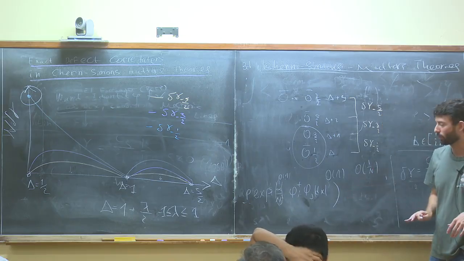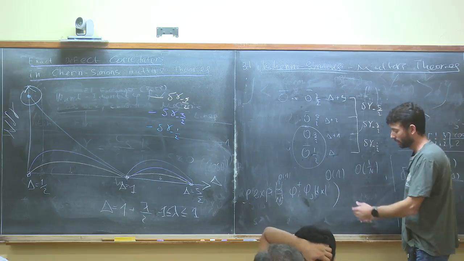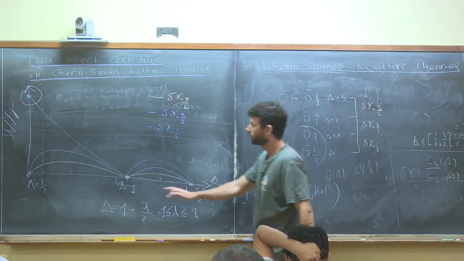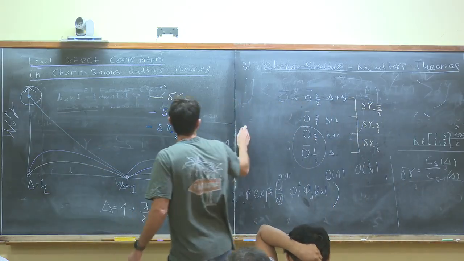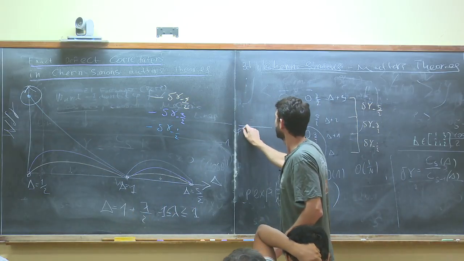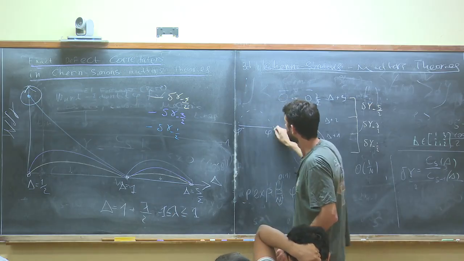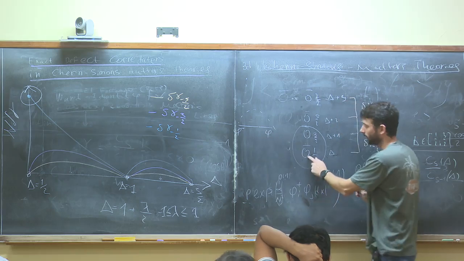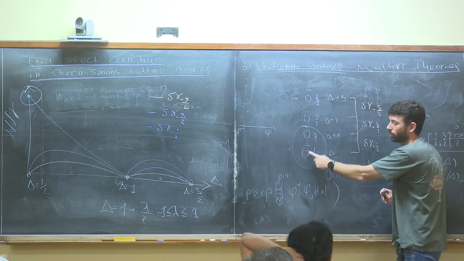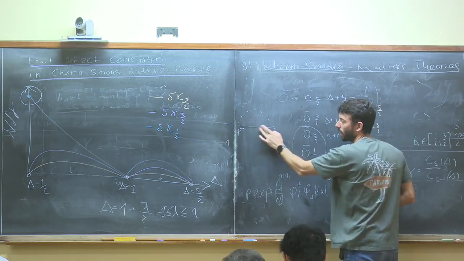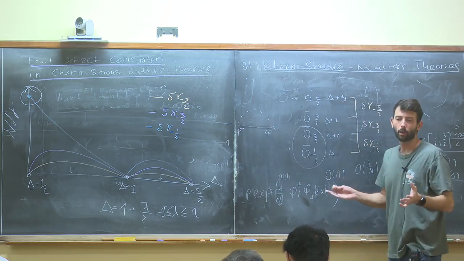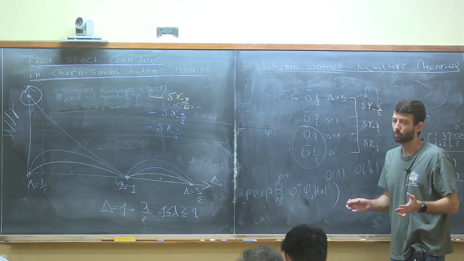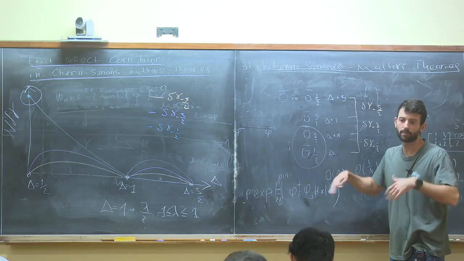I'm giving a speculation: at this endpoint you have phi dagger phi, and then you're doing perturbation theory, and only these guys get the anomalous dimension, and for all the rest there's no line. So they're like bulk operators in some sense, and whatever anomalous dimension they get is the same for everyone.